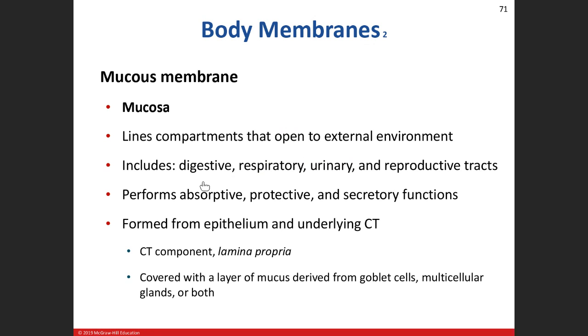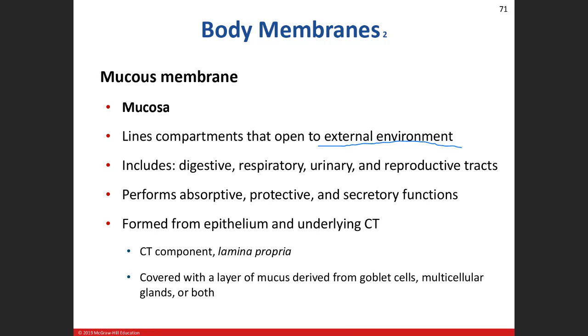So with the mucous membrane, remember what I was saying, there are going to be several immune cells there, namely the IgA antibodies. So we're going to want to place this type of membrane close to the external environment openings: your mouth, your nose, all those areas, and in some of the reproductive tracts, the vagina.